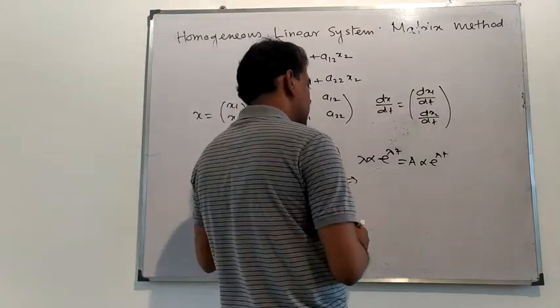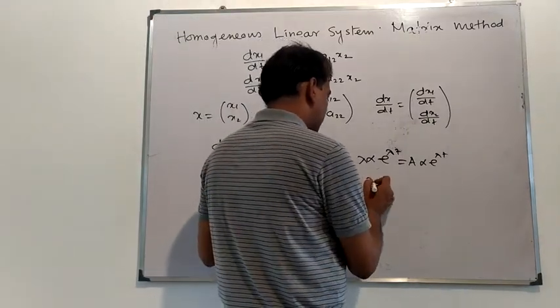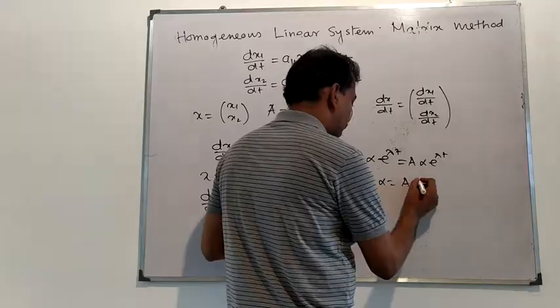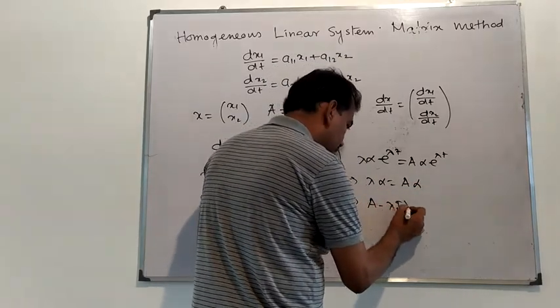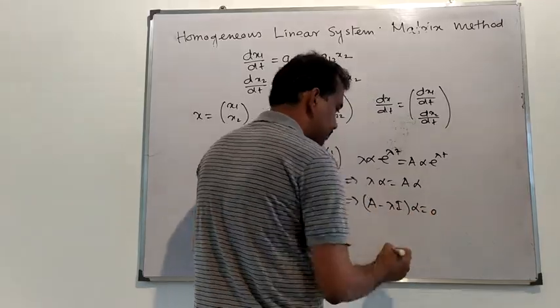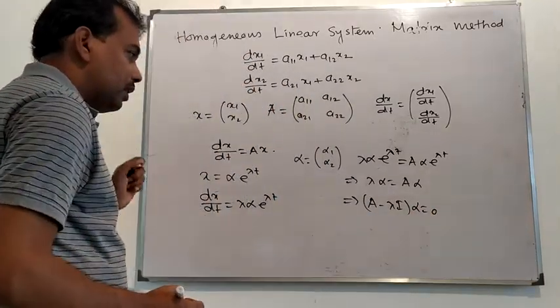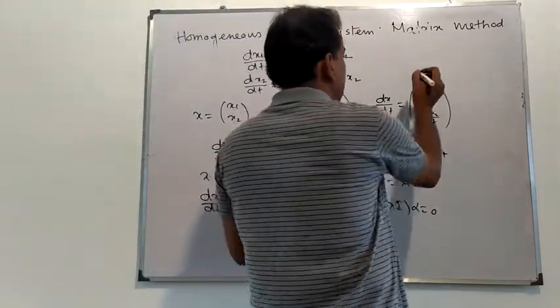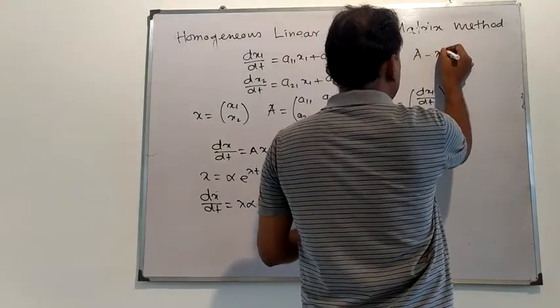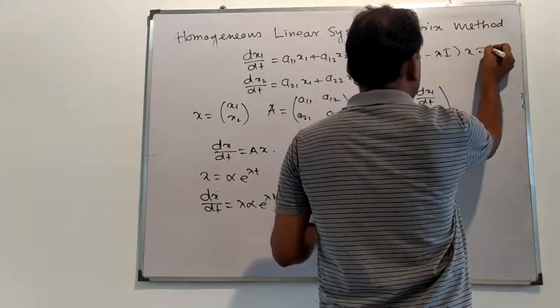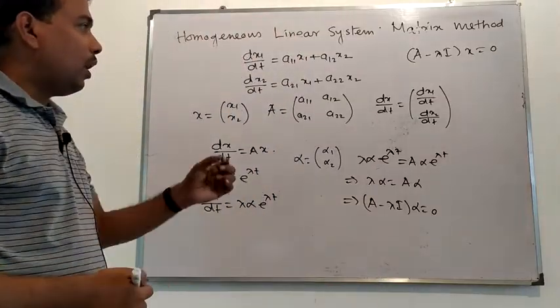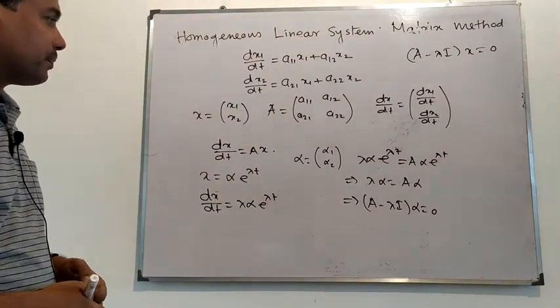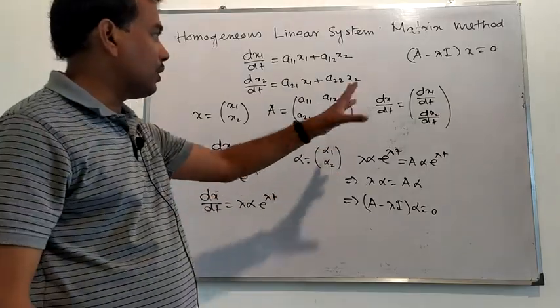So cancelling e to the power lambda t, we get lambda alpha equal to A alpha. This implies (A minus lambda I) alpha is equal to 0. This implies alpha is a solution of this system of homogeneous equations of two variables x1, x2.